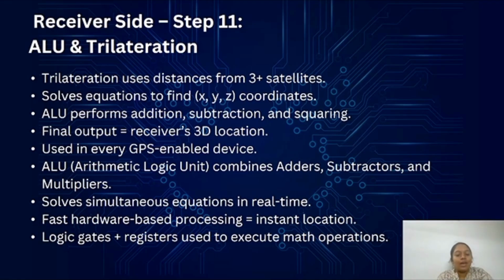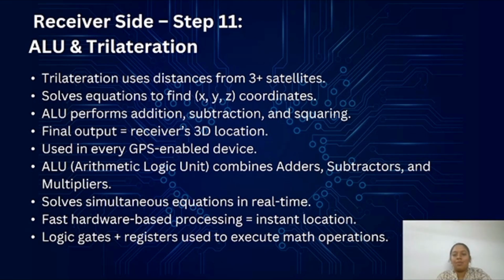This entire calculation happens in real time, which is why your GPS updates its location every second. Fast, accurate, and glitch free, and with all errors removed, thanks to the digital logic inside the ALU.